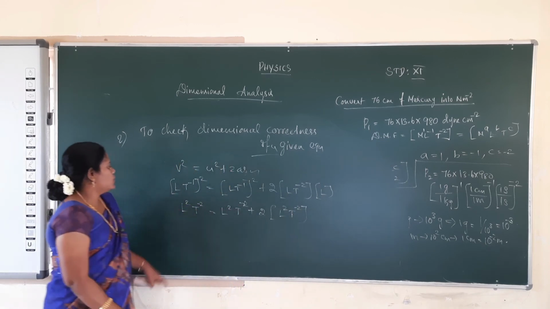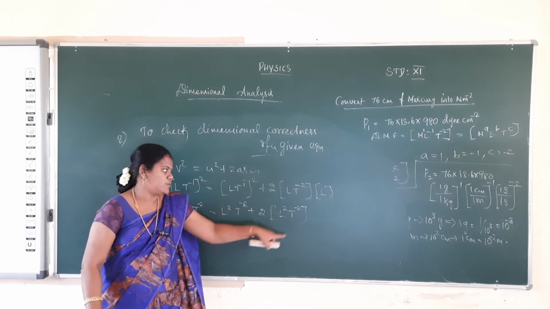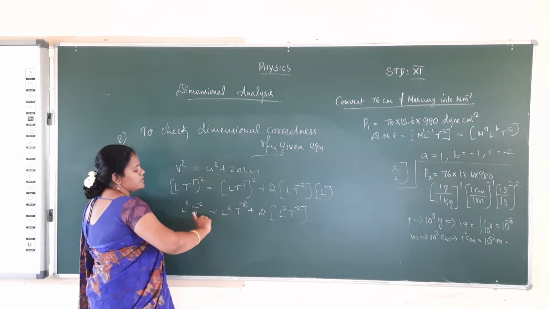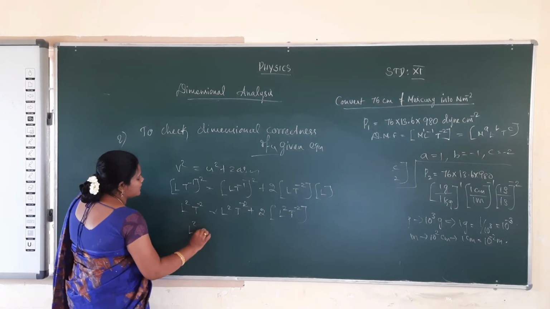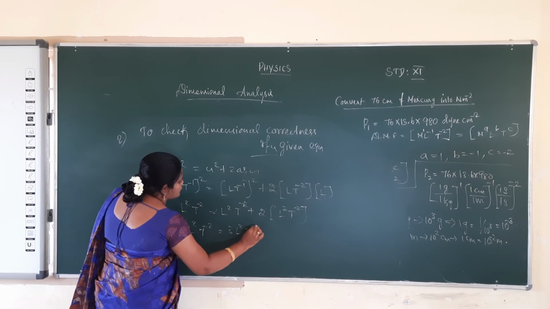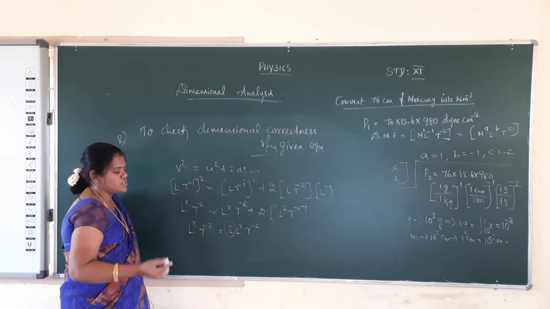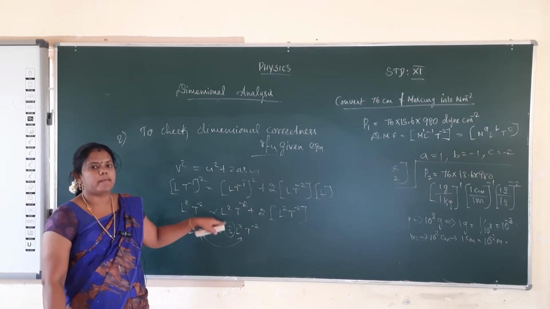If the same dimension is on one side, you have to add them. So L square T power minus 2 is equal to 3 into L square T power minus 2. 3 does not have a dimension. So the two sides will be equal. So this equation is dimensionally correct.